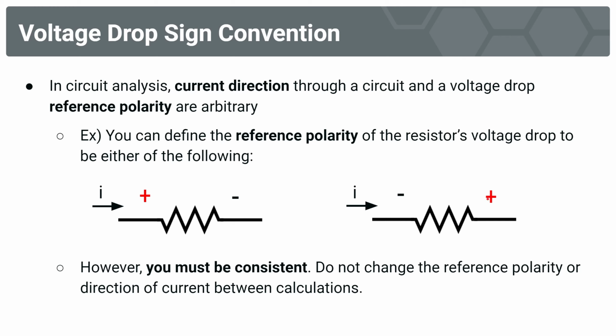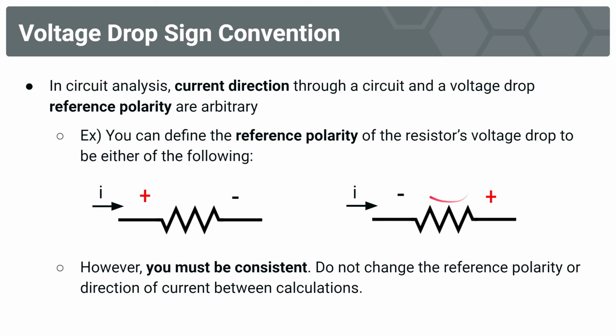Now, note the difference in my phrasing between the voltage drop's reference polarity and the actual branch's reference polarity. A resistor is not a polarized component. The resistor itself has no polarity. But when we calculate voltage drop, we define a reference polarity.